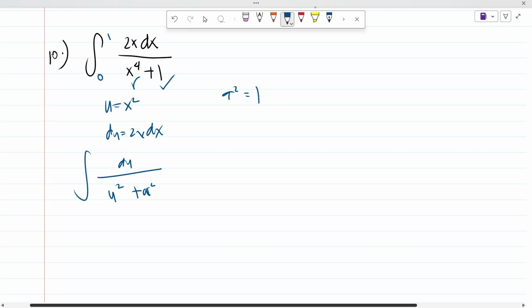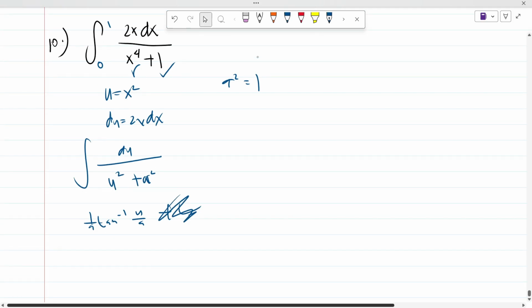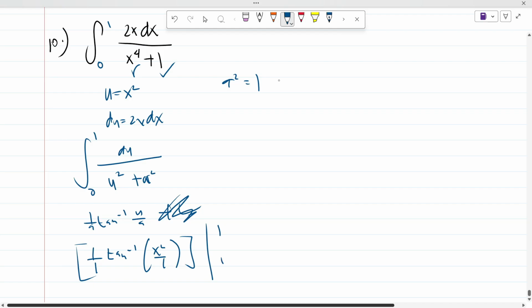So, the formula for this one is 1 all over a tangent negative 1 u all over a plus c yun, di ba guys? So, since definite tayo, huwag natin lagyan ng plus c. Gets? 1 over a. What is the value of a? 1. Tangent negative 1. So, x squared all over 1 with the limits of 0 to 1. So, dito tayo.